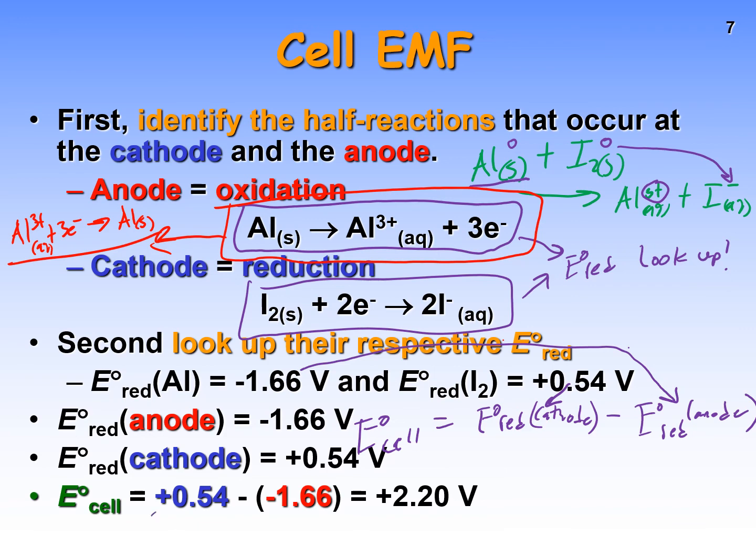In other words, positive 0.54 minus a negative 1.66 gives me a positive 2.2 volts as my cell potential. And this is a positive value, so this redox reaction that I have here is spontaneous.